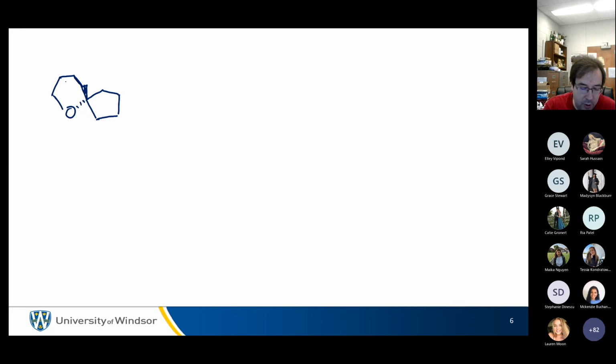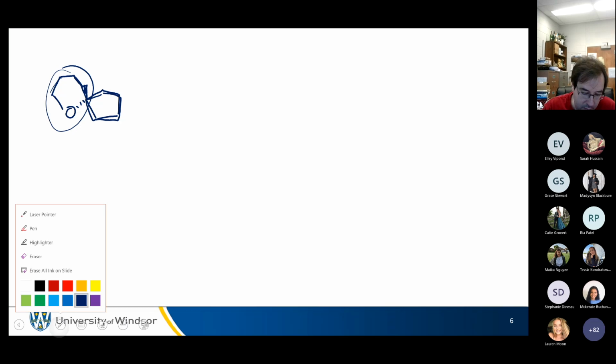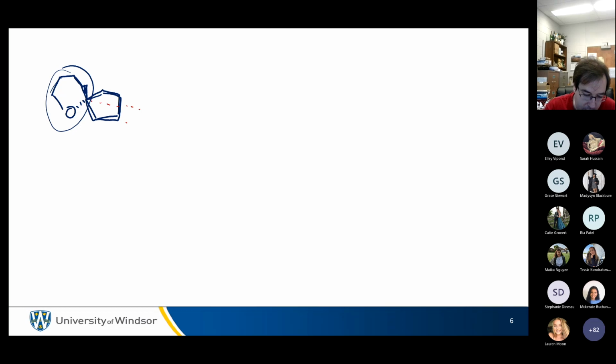Like, this ring here is perpendicular to this ring here. So there is a mirror plane straight down the middle there, where this is kind of bisecting all of these atoms, this mirror plane.